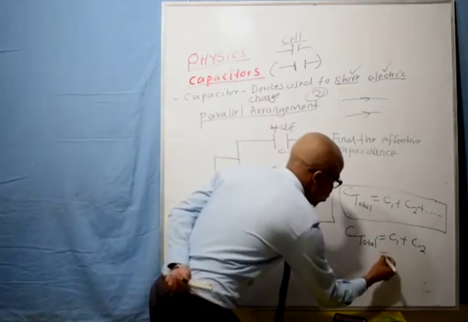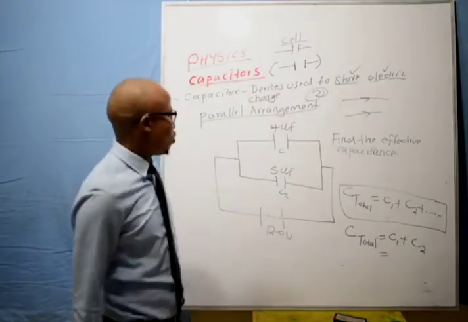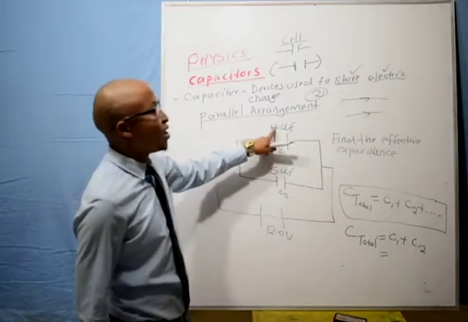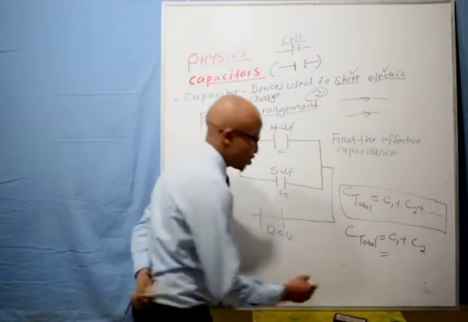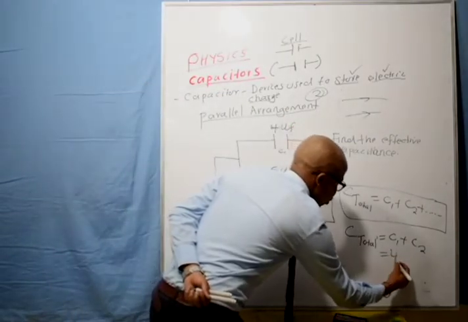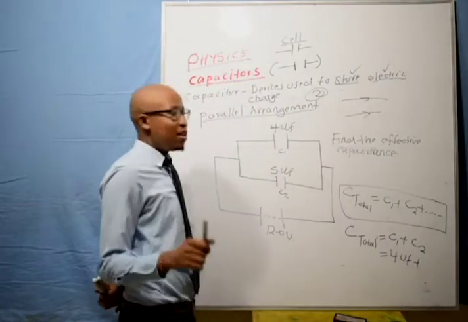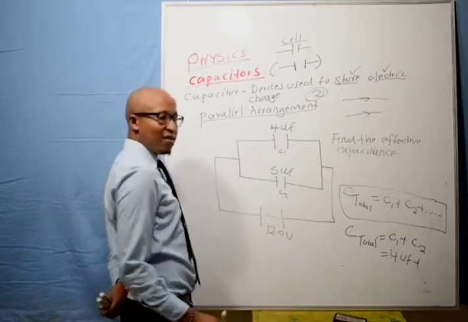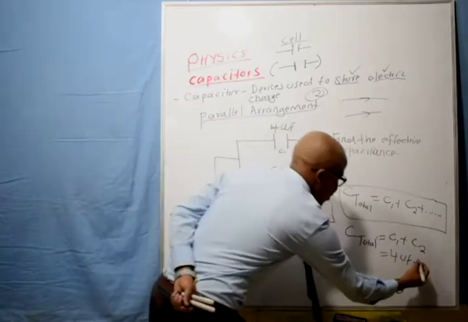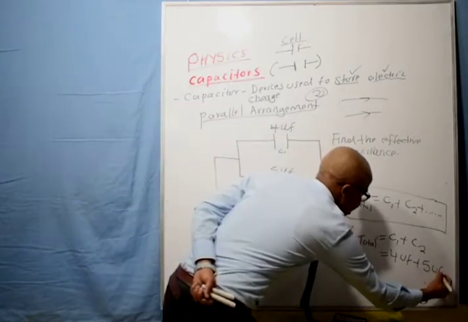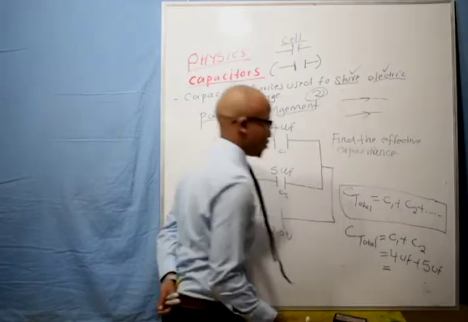What's the value of C1? C1 we had been given as 4 microfarads, plus we have C2, which is given as 5 microfarads. It is equal to what?